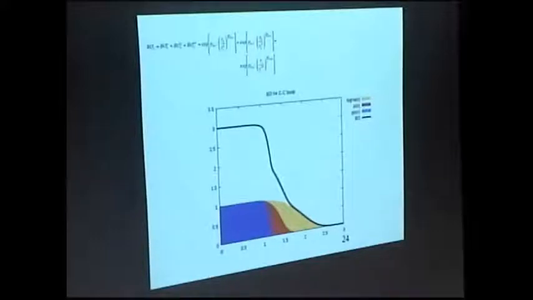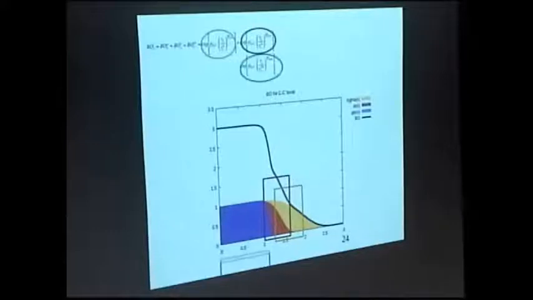Then the black line is the bond order, which is the sum of these three terms. The main contribution of the sigma and pi is in this region. Here would be the distance in angstroms. Here we start to have the pi contribution. You see that the bond order goes close to 2, then you have a double bond. And then you have the triple bond when you go to this distance, right?